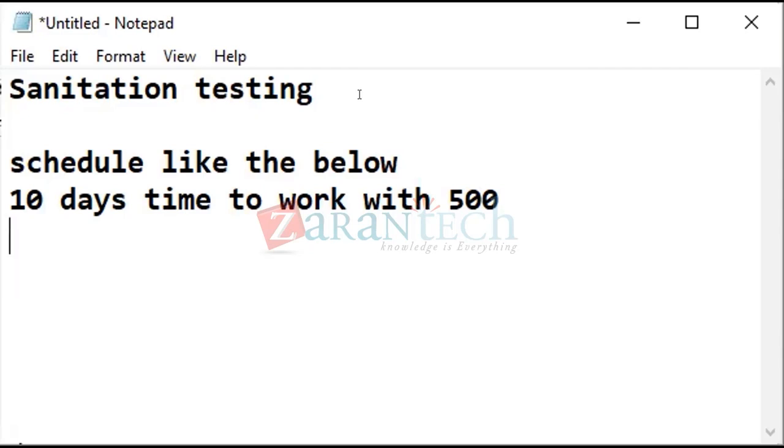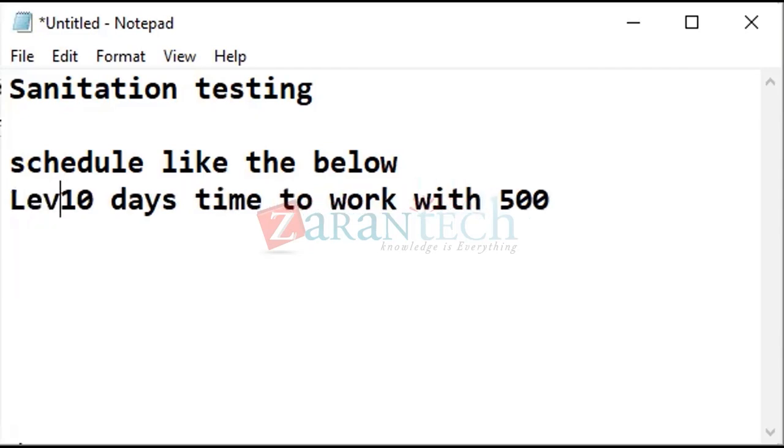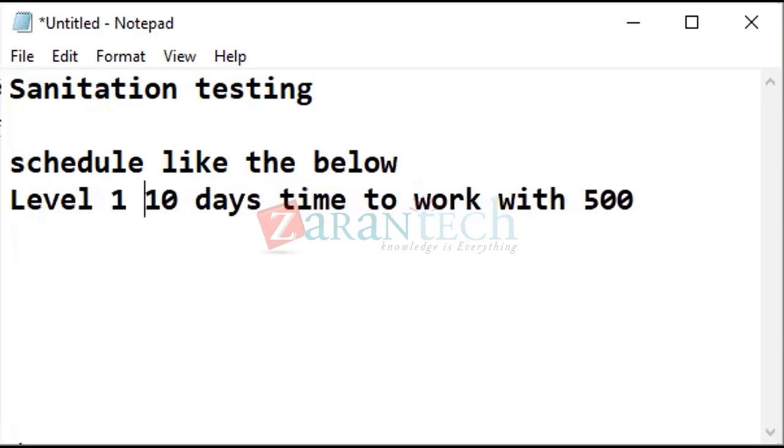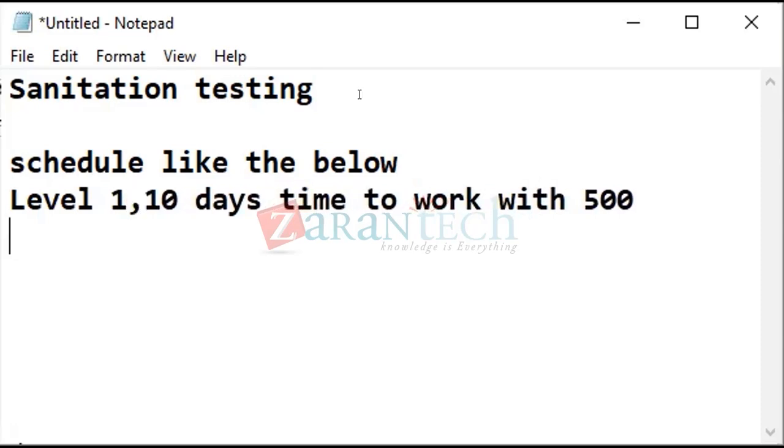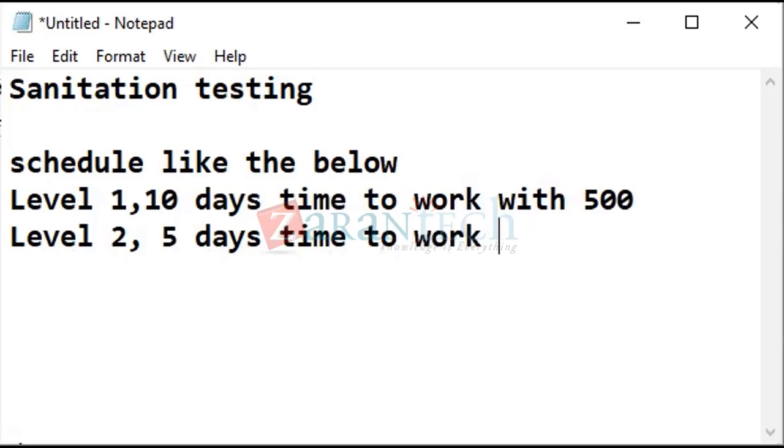I can say this is level one. Level one work. And in level 2, again 5 days time I have given to work with 200 requirements. This is my plan.